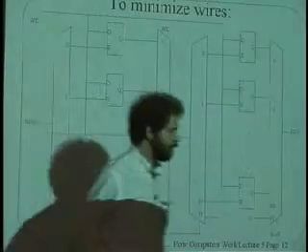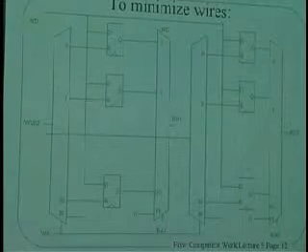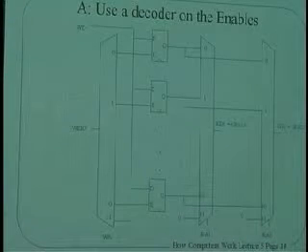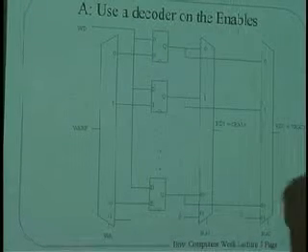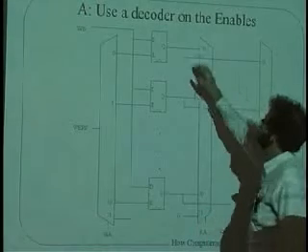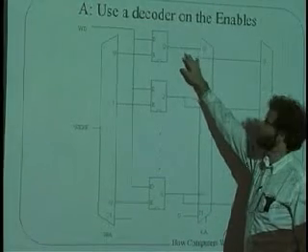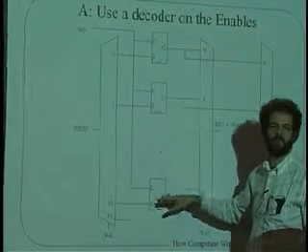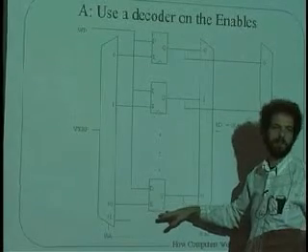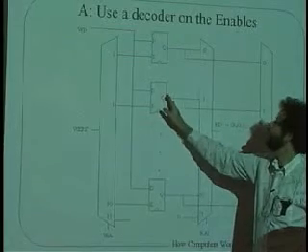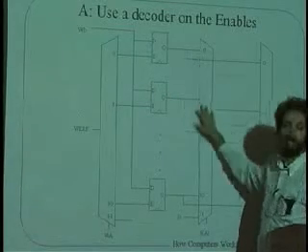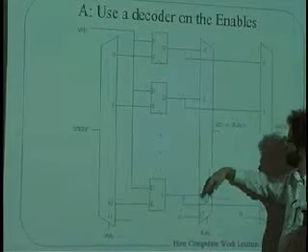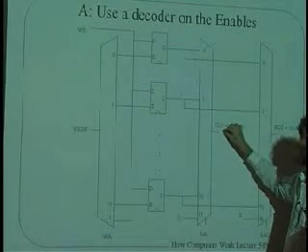Now, in order to grasp why this picture is important, let's back up a second and look at the previous picture. You'll notice in the previous picture, I have 32 bits coming out of each of these registers. 32 plus 32 plus 32 plus 32. I have 31 copies of 32 bits, which is many, many bits. And they go to this multiplexer right here to select one of them, and then the output comes out here.